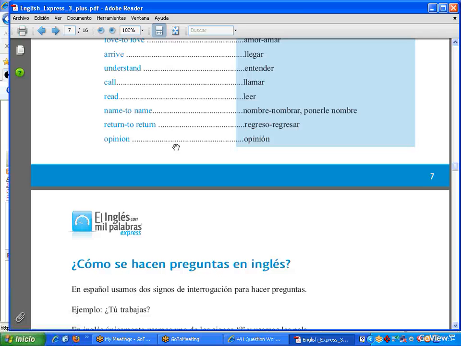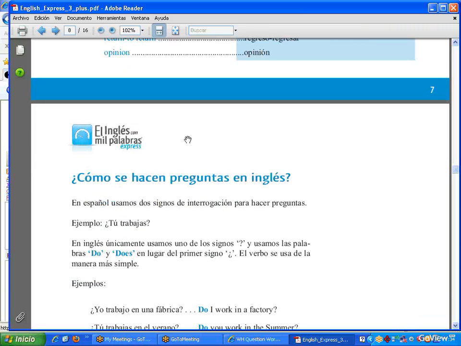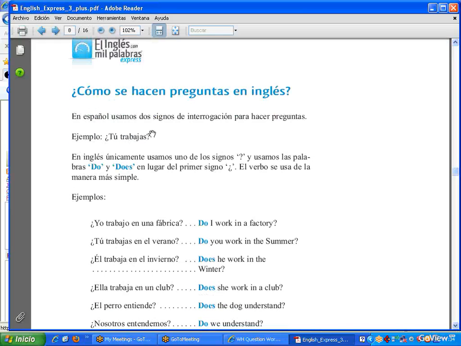Okay, how to make questions in English. Well, in Spanish, we use two signs of interrogation, signos de interrogación. We call them question marks.